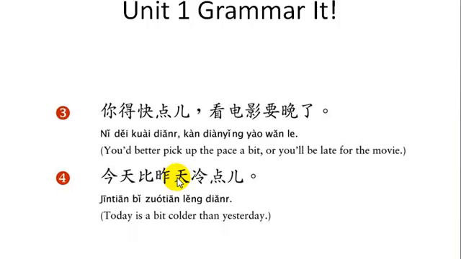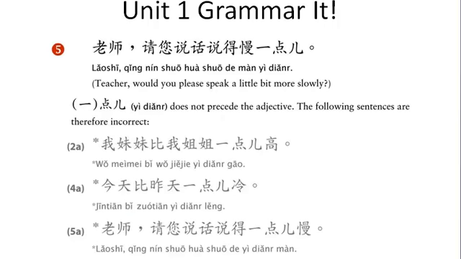Today is a bit colder than yesterday. And you'll notice in these two examples that there's no 一. There's just 点儿. Here's a final example. 老师，请您说话说得慢一点儿. Okay, so teacher, please speak a little slower.